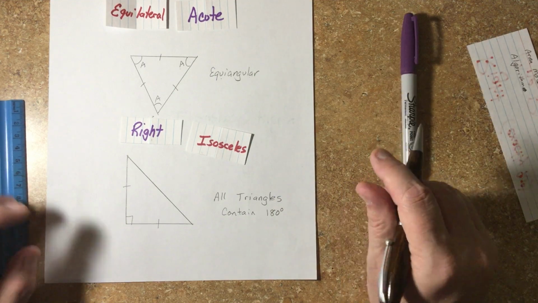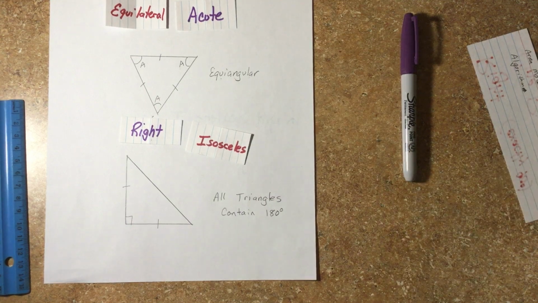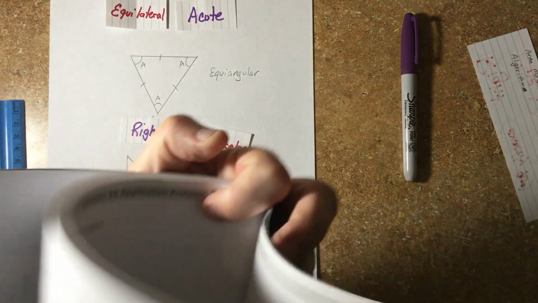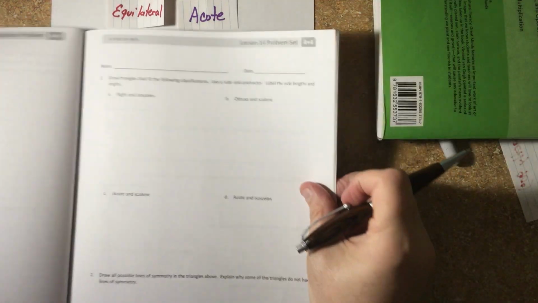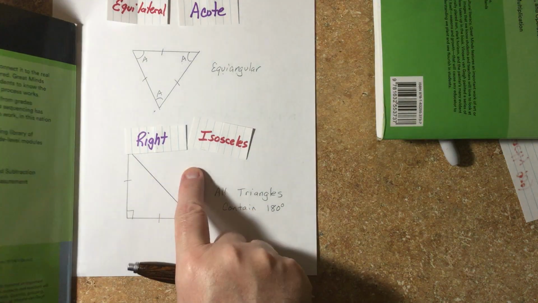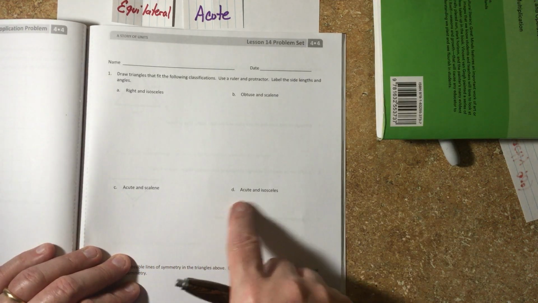All right, that does it for this lesson, and you're going to go work in your Learn book, and there are some criteria given right here on page 109. They want you to draw a right isosceles, kind of like this one that we just did, obtuse and scalene, acute and scalene, acute and isosceles.